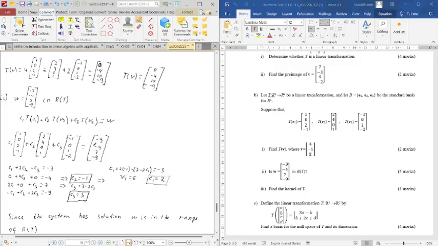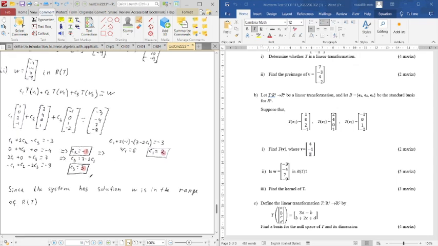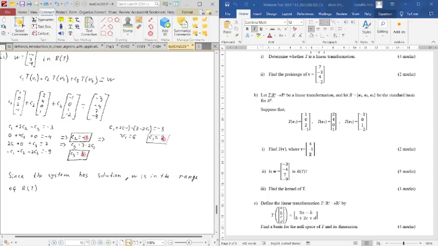We do this for all the other elements and calculate. From here C2 equals negative 1, C3 equals 3 and C1 equals 2. And since the system has a solution, the given vector W is in the range of T.